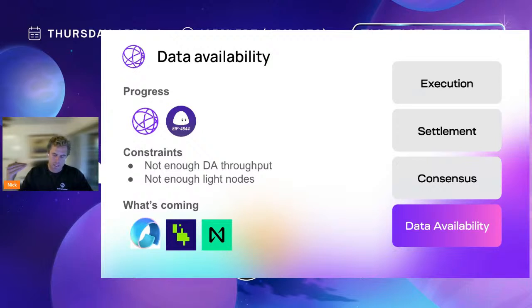There's a lot of different scaling bottlenecks to overcome, but data availability sampling is working in practice, and that means that we can now start to scale block space production more aggressively than we could before. What's also really nice is we have projects like Avail, EigenDA, and Near coming on, which are also going to increase throughput of the DA layer.